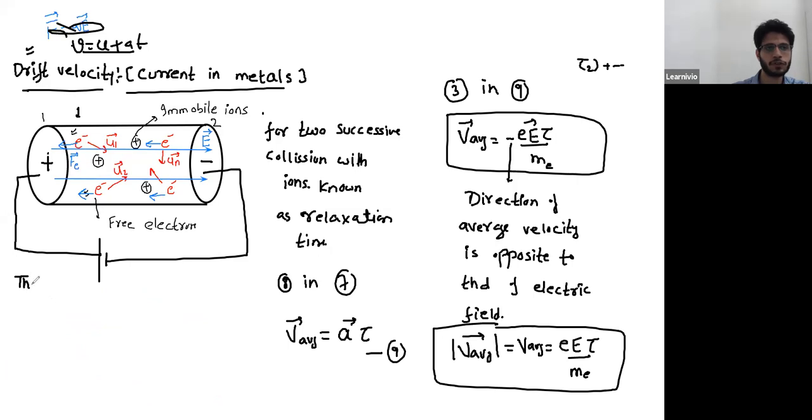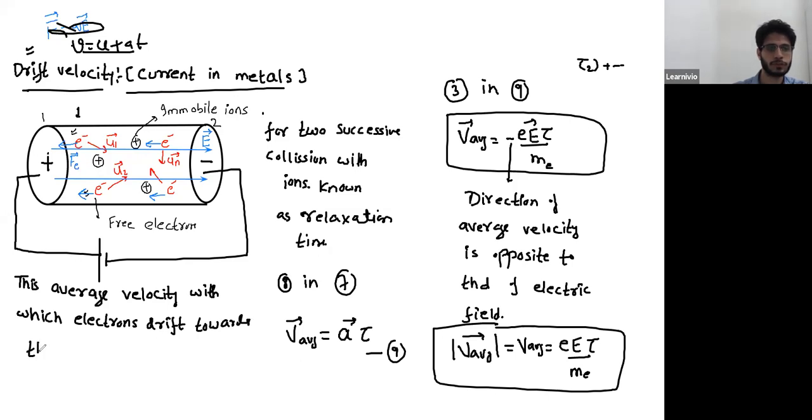So this average velocity with which electrons drift towards the positive end of the conductor.